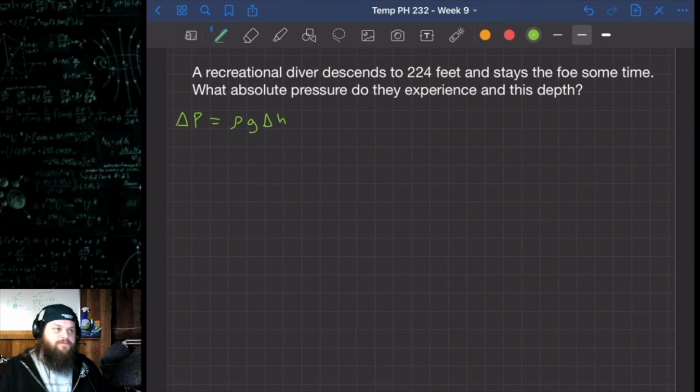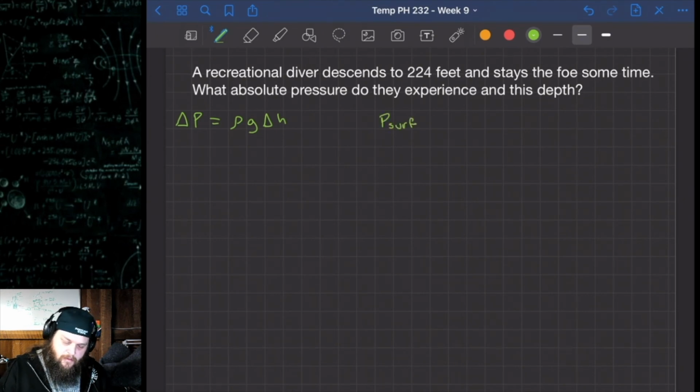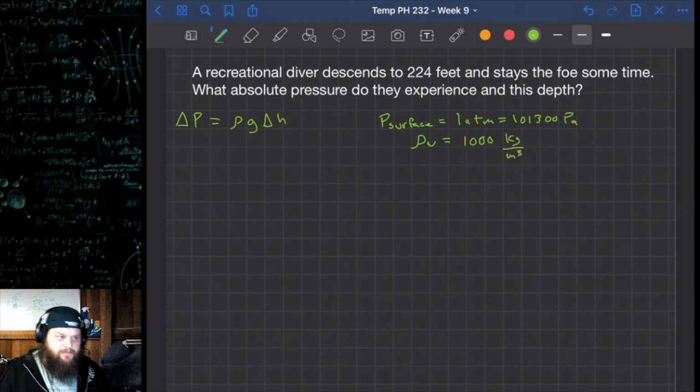Now, we know the pressure at the surface is equal to 1 atmosphere, which is equal to 101,300 pascals. And we know that the density of water, because that's what he's diving in, is 1,000 kilograms per meters cubed.